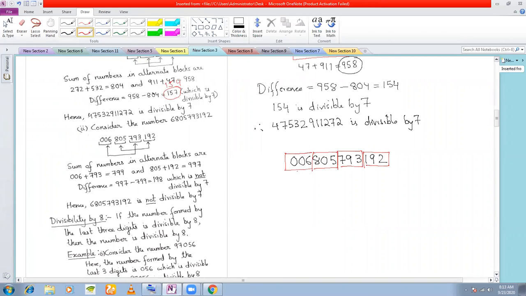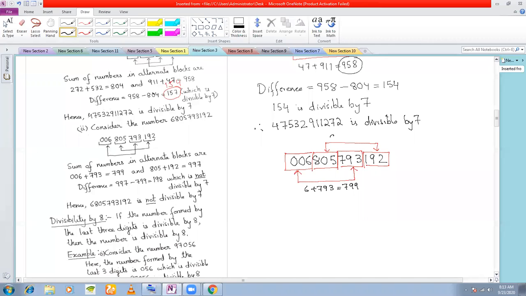Now you add the numbers, not the digits, numbers in alternate blocks. So if you add these two, you get 6 plus 793, which is 799.